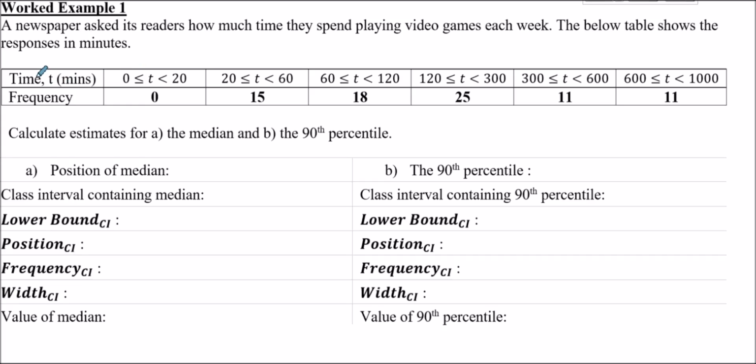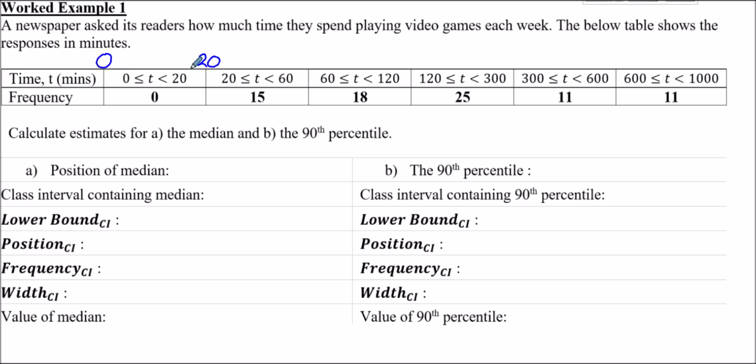So first of all, the lower boundary here is 0. Sorry, I mean along the top we're going to do the boundaries. Between 20 and 20, that boundary is 20. Now this raises an important point. If we had continuous data where the class intervals didn't run into each other, for example, if this said 19 and that said 20, we'd put 19.5 here.